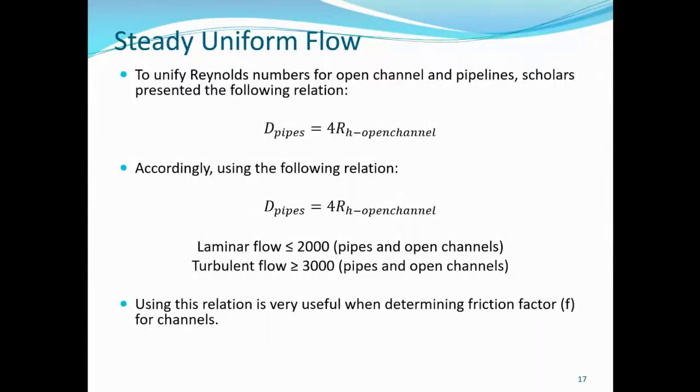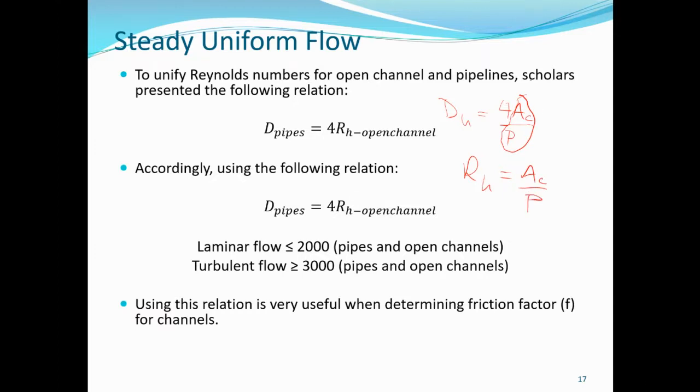And to unify Reynolds numbers for open channel and pipelines, scholars presented the following. You remember we defined hydraulic diameter when discussing pipes. We define hydraulic diameter D_H as 4 times the area of cross section over the wetted perimeter. In open channel flow, the area over wetted perimeter is given a special name, hydraulic radius, which is area over wetted perimeter.